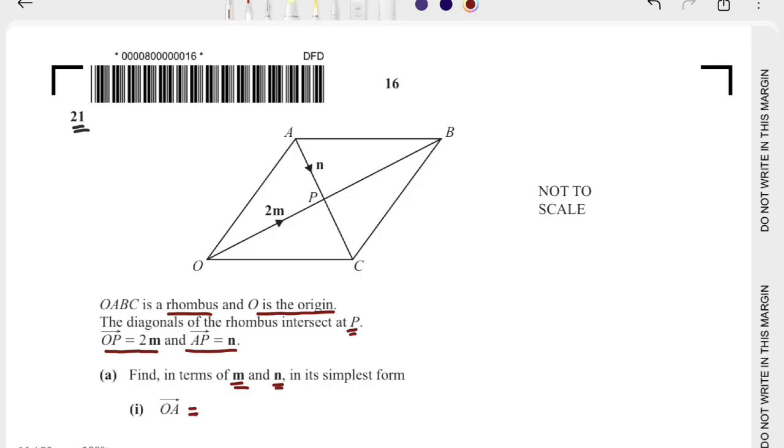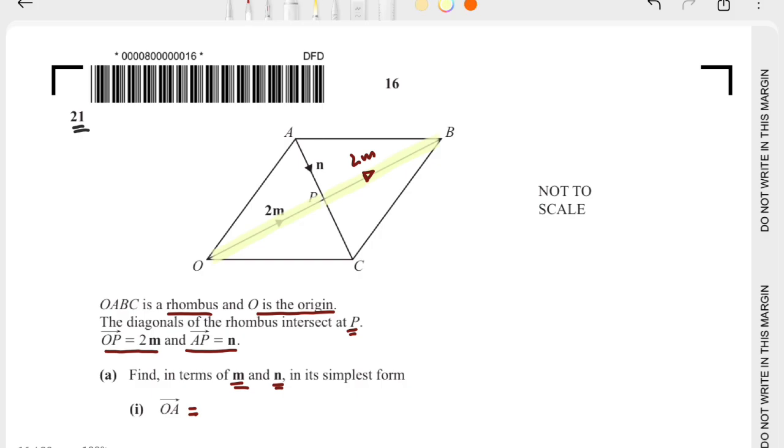We know that the diagonals of a rhombus intersect each other at middle. It shows that if OP is 2m, then PB would also be 2m. And same with the diagonal AC.